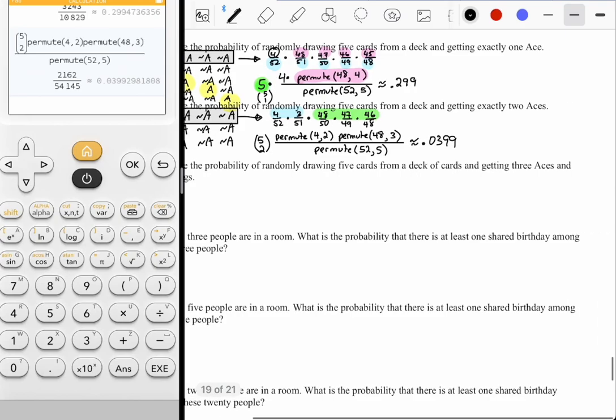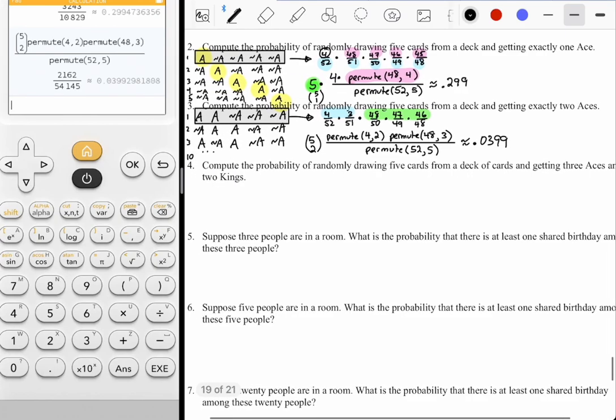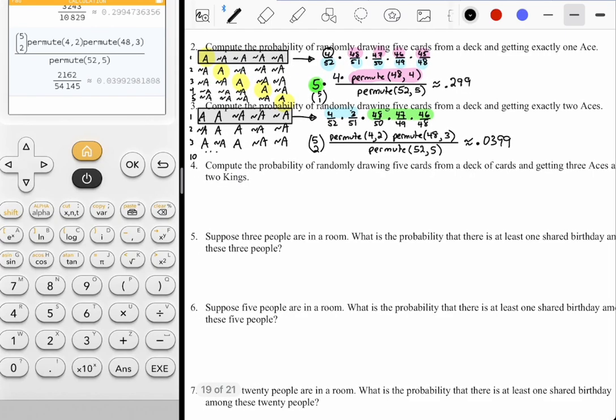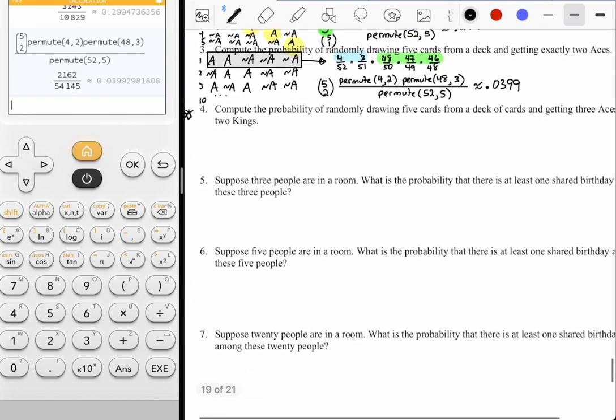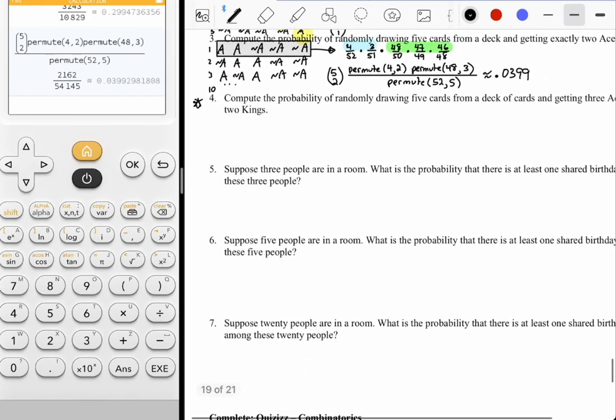Let's see. 4 and 5. Oh, well, 4 is definitely just a rehash of this, so I'm going to skip that for now. I'll save it for next time. It's always good to have a wraparound problem. But yeah, I guess we could do the birthday ones now.